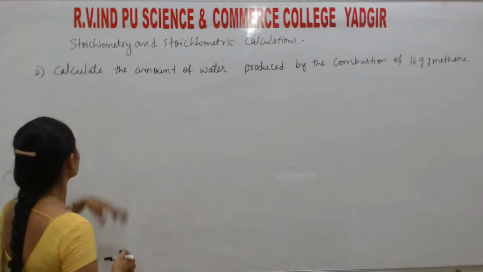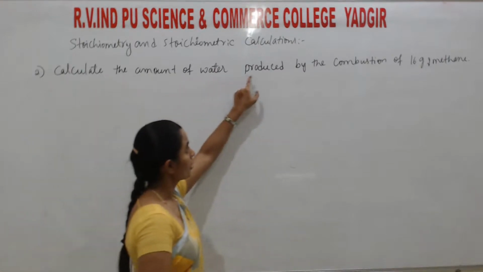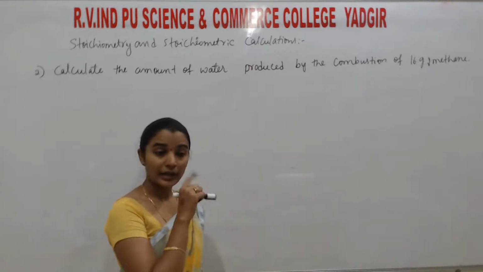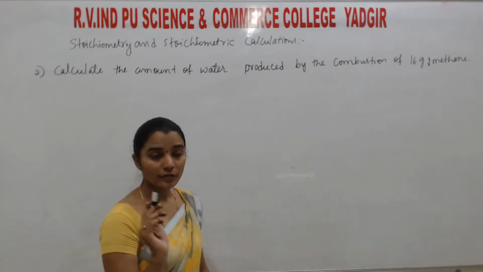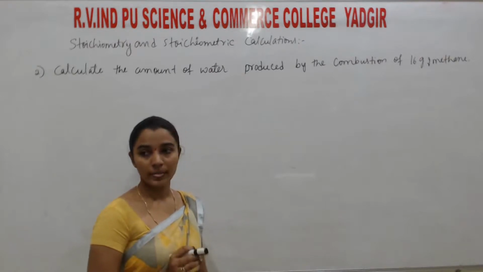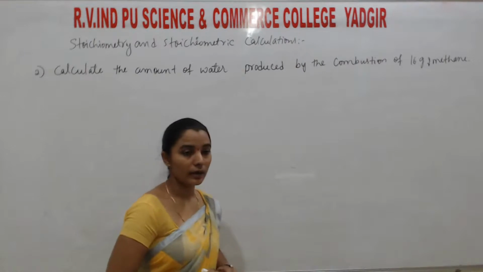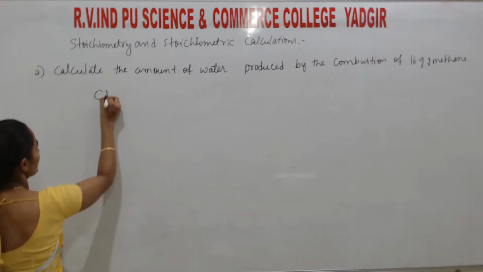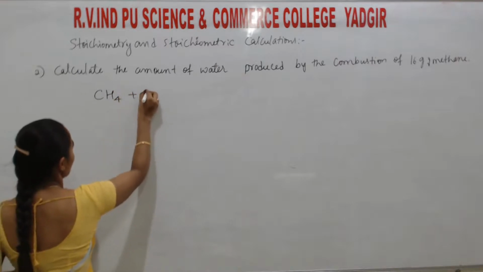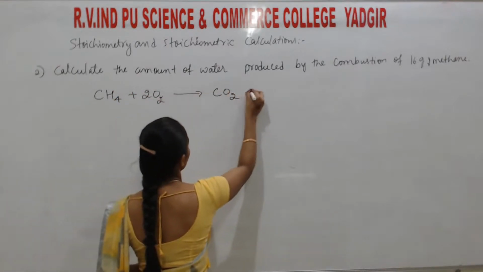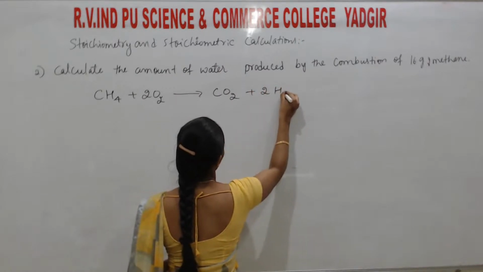Here we calculate the amount of water produced by the combustion of 16 gram of methane. They are directly asking amount, and amount of a substance is always measured in mole. So here also you have to calculate moles. Before that, write the reaction. Combustion of methane: CH4 plus 2O2 gives CO2 plus 2H2O.